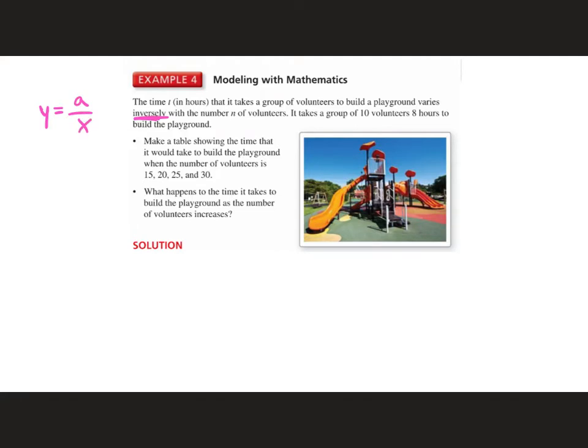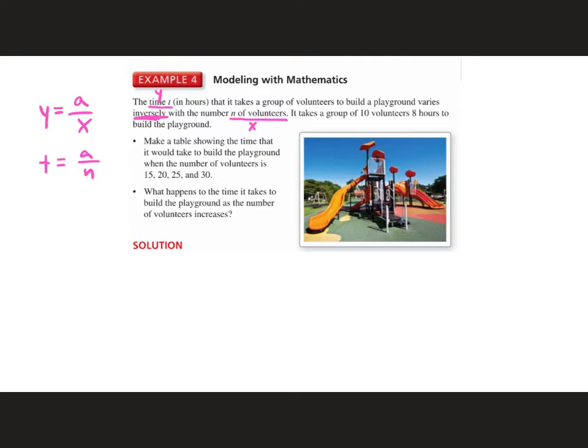So this is our formula from yesterday. But in this question, it gives us time t and number of volunteers n. So that is actually our y and our x. So we can just replace y and x with t and n. So t is equal to a over n. If you want to leave it as x and y, totally fine.